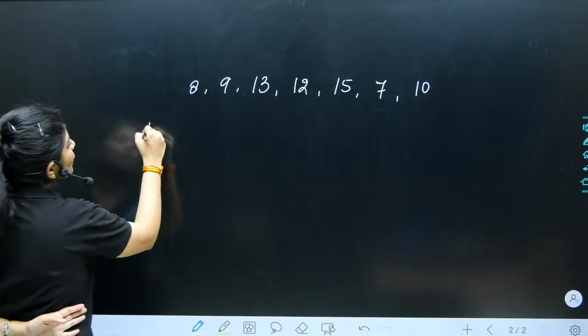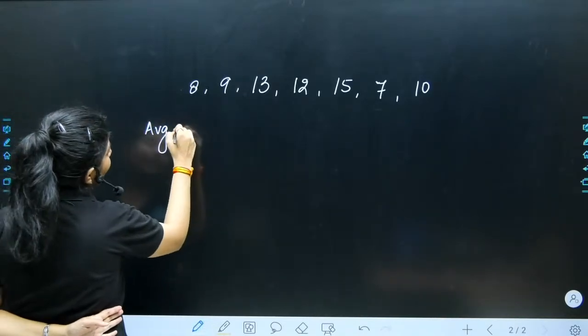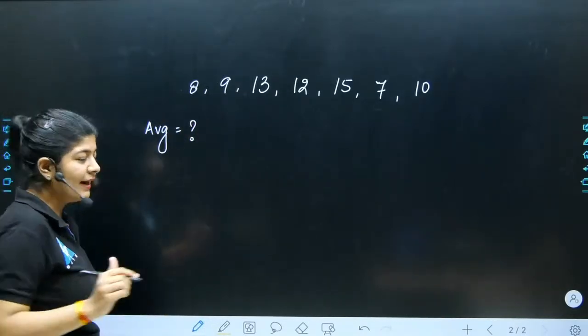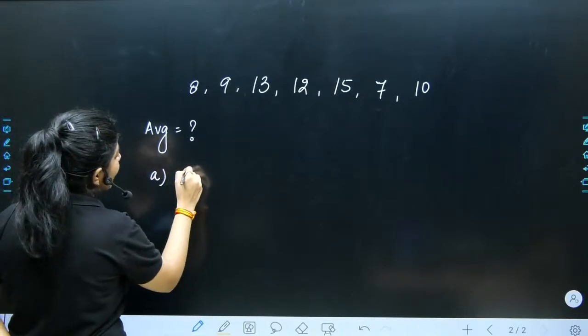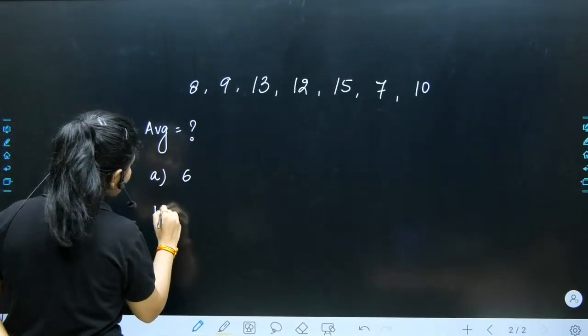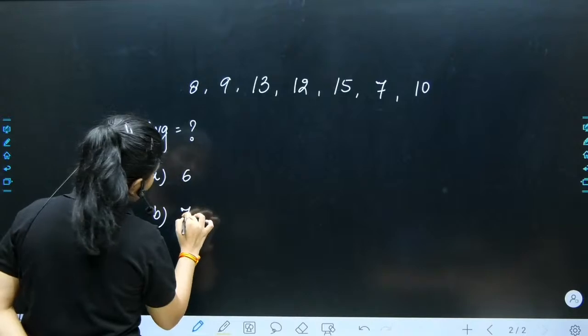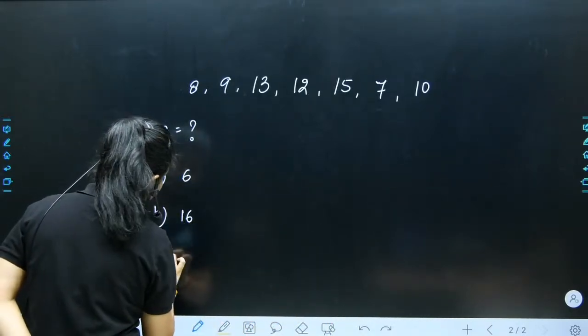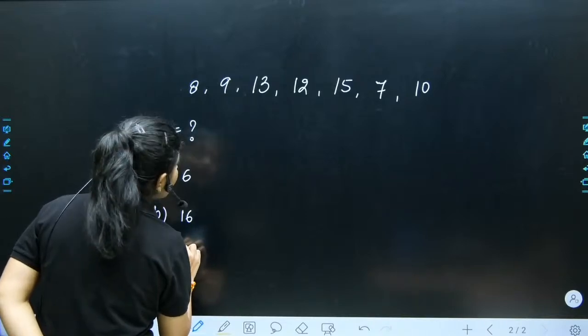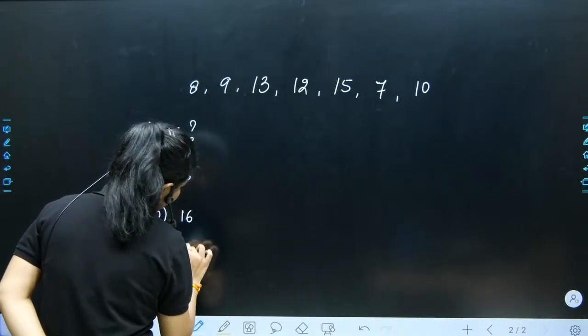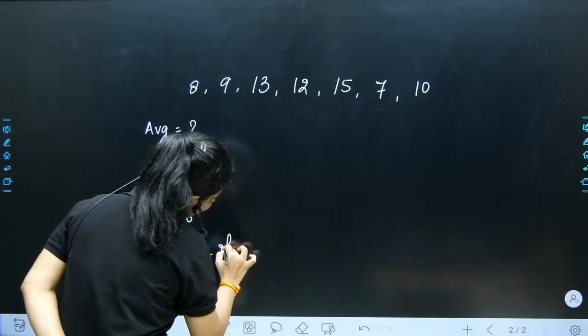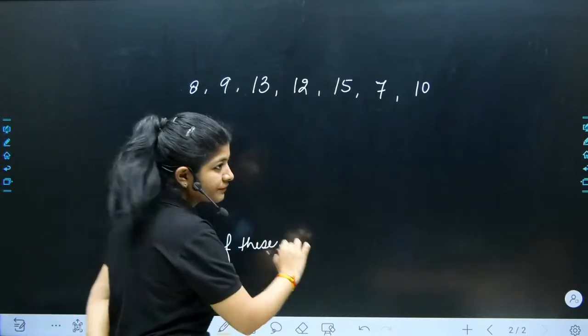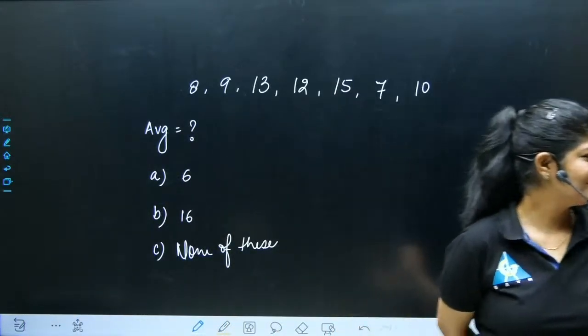I have to calculate the average of them, and I'm having my options as 6, 16, and none of these. Just 3 options. What is the correct answer?